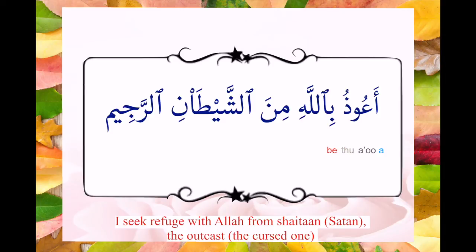And the next letter is Ba with a Kasra, B. So a'udhu bi. But you'll notice that the B should be merging with the lam. Don't make the mistake of saying bil and merging it very quickly, because what happens is that you take some of that B time frame away by merging too quickly.